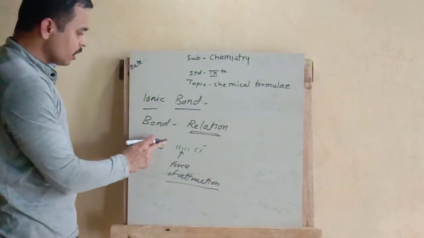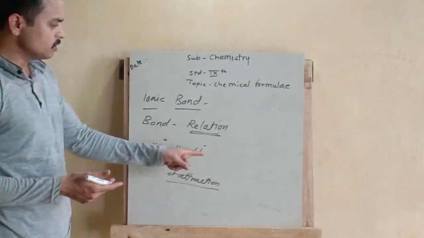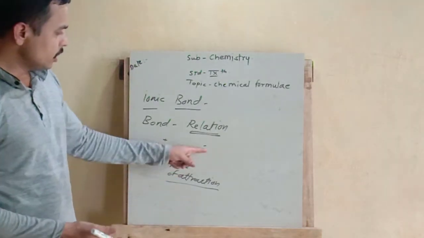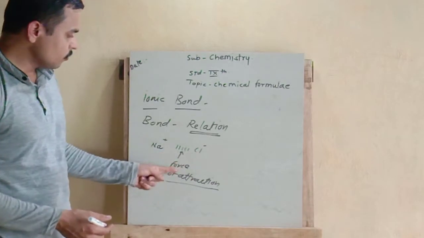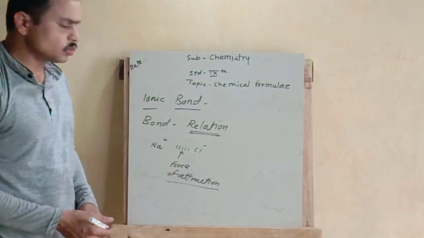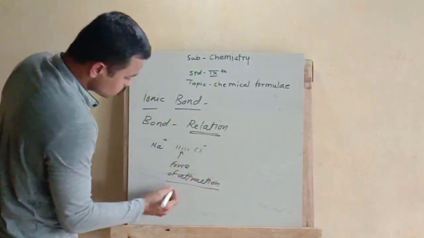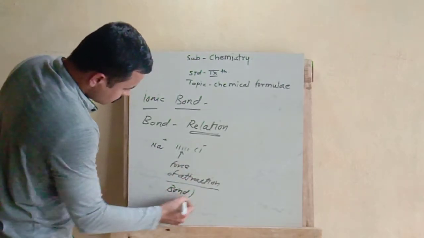Any species should have a positive charge and another species which is going to get attracted should have a negative charge. They are collectively called as force of attraction. That attraction is called as force of attraction, and it is also called as a bond.